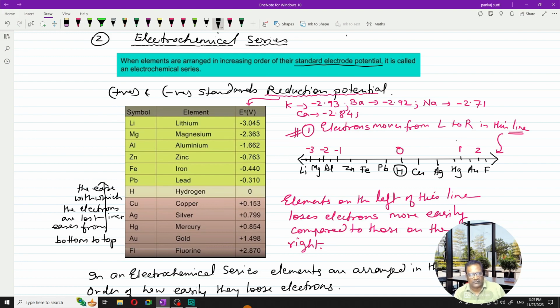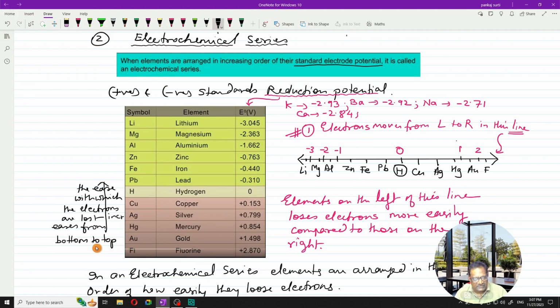Now, what is this electrochemical series? The definition says that when elements are arranged in the increasing order of the standard electrode potential, it is called an electrochemical series. According to this definition, if you see this table, some elements are arranged here.